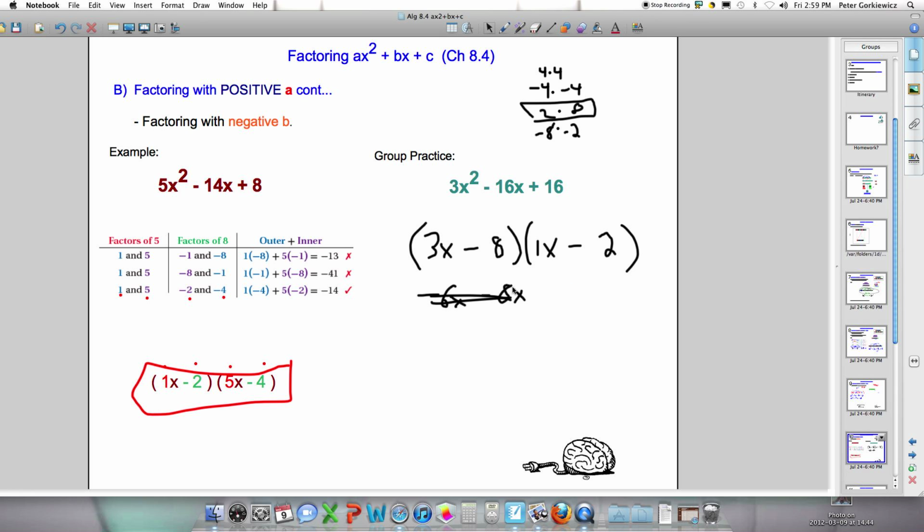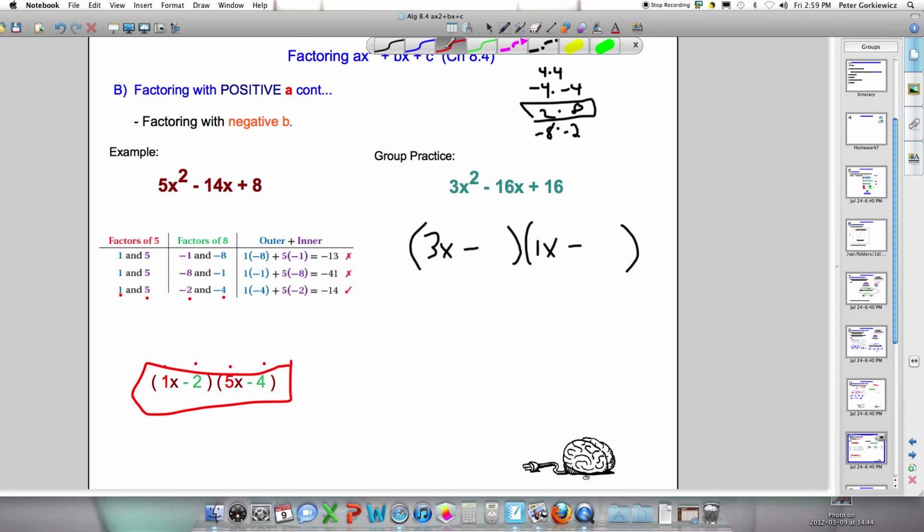We could flip it, I suppose, and try 2 and 8. But then 3 times negative 8 is too big already. So I might scrap this idea.